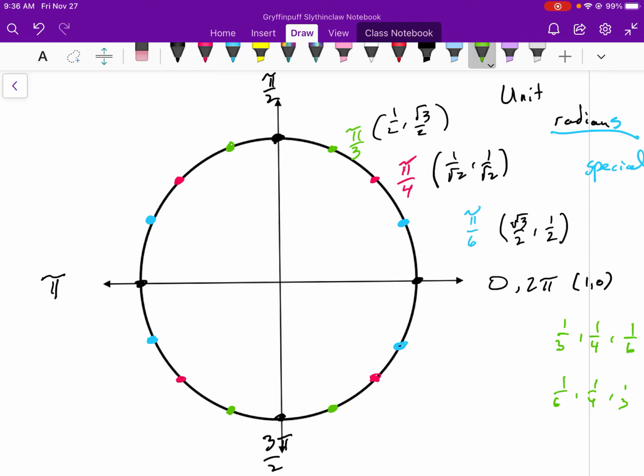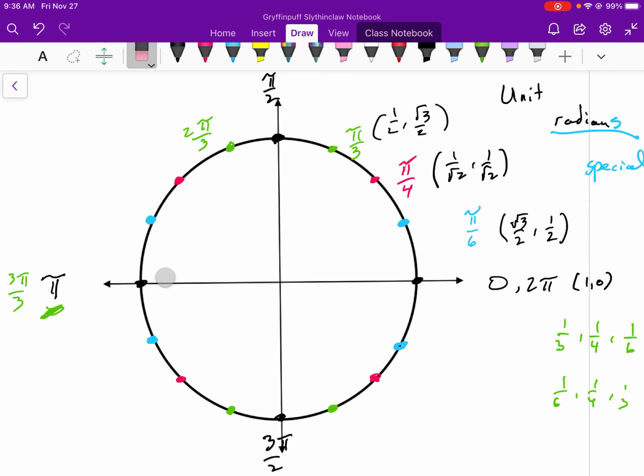This angle up here, well, I start off with saying pi. I'm going to write pi as 3 pi over 3, which is just simply pi. 3 over 3 is 1. So therefore, this has to be 2 pi over 3. How did I do that?